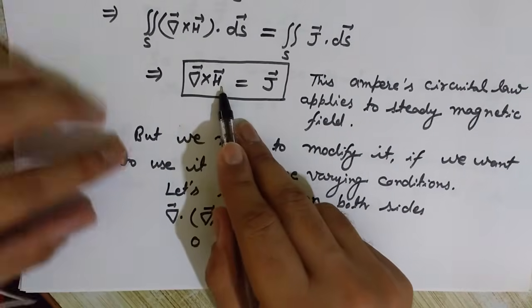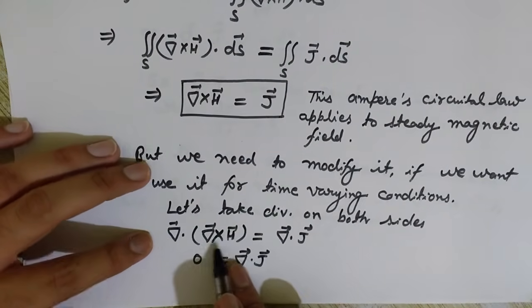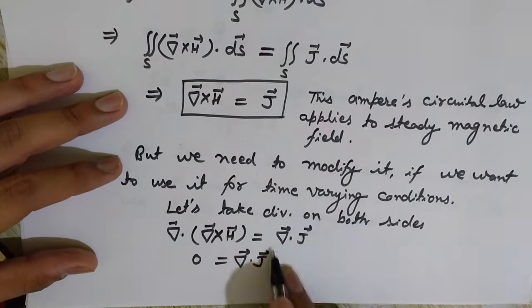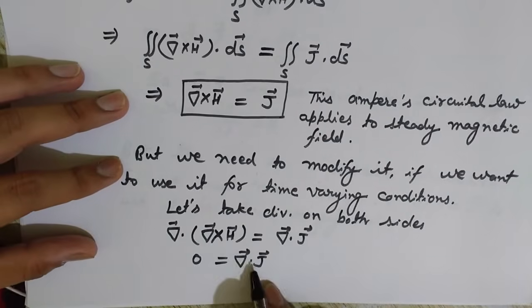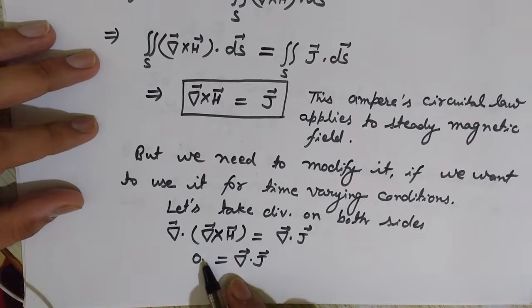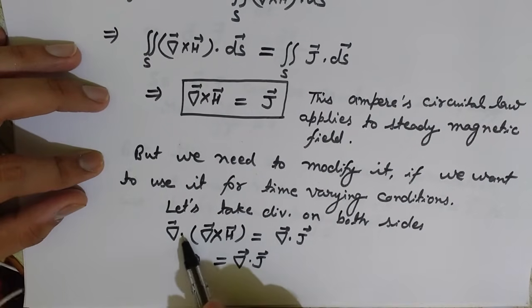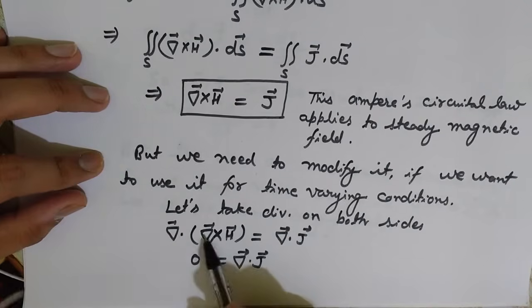So divergence of curl of H equals divergence of J. On the left side, divergence of curl of H equals 0. Why is it 0? Because this is the cross product and here is the dot product, and these are the same vectors.